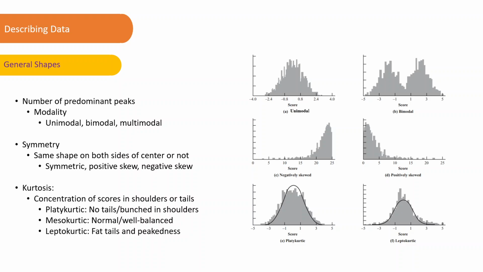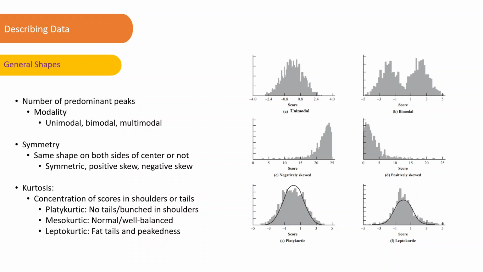When we talk about symmetry, we're interested in whether or not our distribution has the same shape on both sides of the center. Data can be symmetric, like this one in the top left. It has the same shape on both sides if you imagine drawing a line right down the middle. Or it can be skewed, and within skewed data we have positive skew and negative skew. Here we have negative skew, and we always talk about the direction of the tail, or the trailing off.